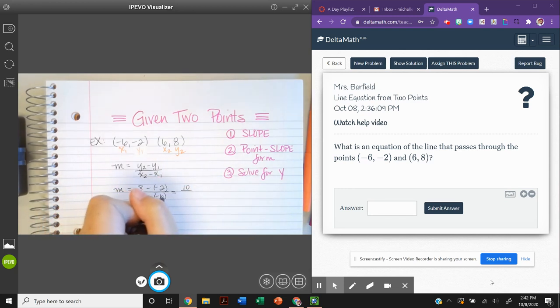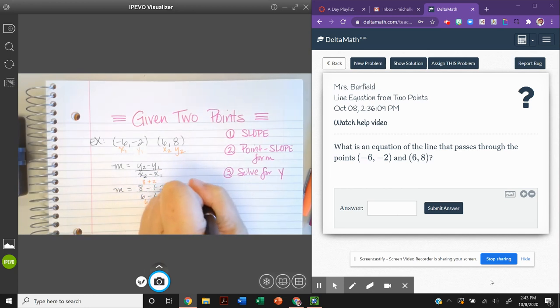And 6 minus -6 is the same thing as 6 plus 6, so that's 12. If you need to make yourself a reminder, write the plus versions down. Then I have to always simplify fractions, so I'm going to divide both of them by 2. So I get 5 over 6.